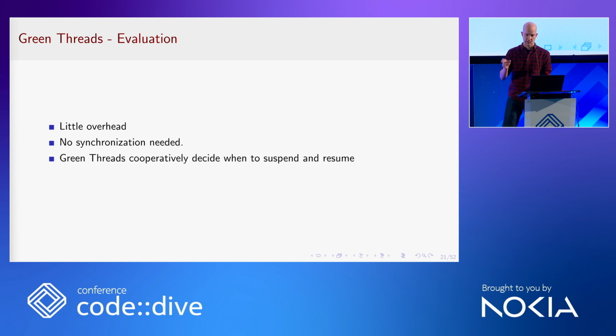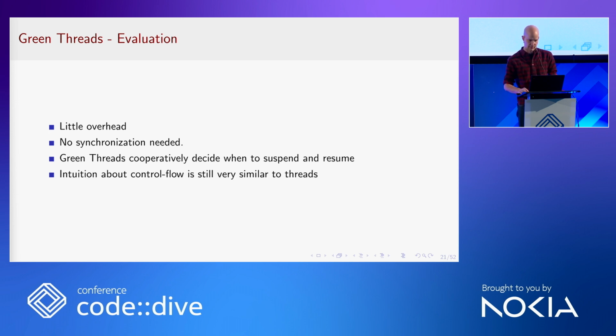But the threads need to cooperatively decide when to give up control and hand over to another green thread. However, the intuition about control flow is still very similar to threads. So if you already know how to program with threads, then programming with green threads uses similar intuition. It's just a little bit easier than before because you don't have these threads running in parallel.